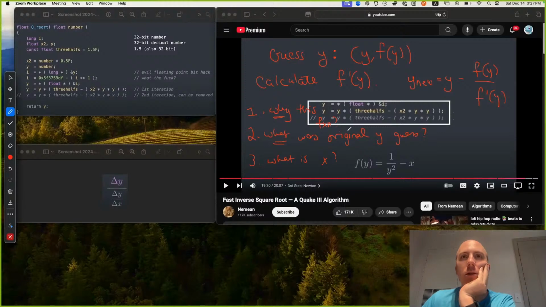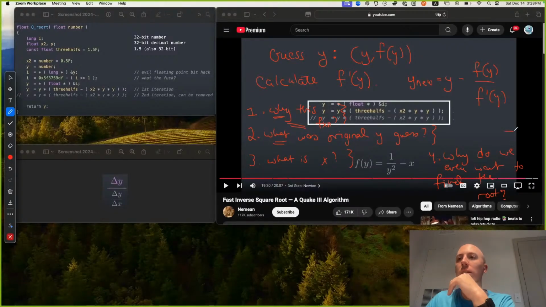I don't know any of these things. I'm just confused. Where did this function come from? And number 4, why do we even want to find the root? I don't know that either. Why are we trying to find the root of this function?